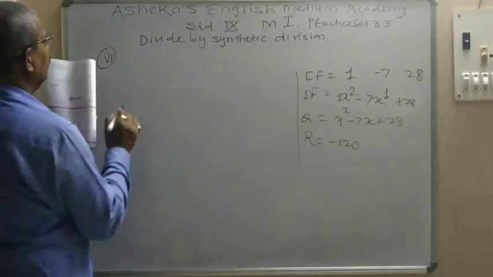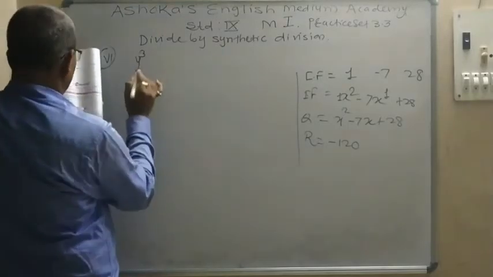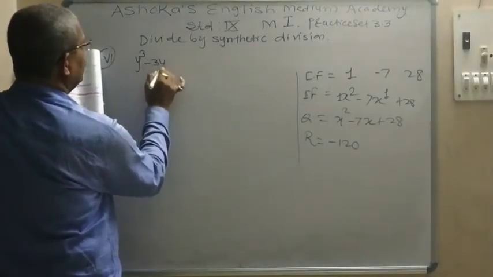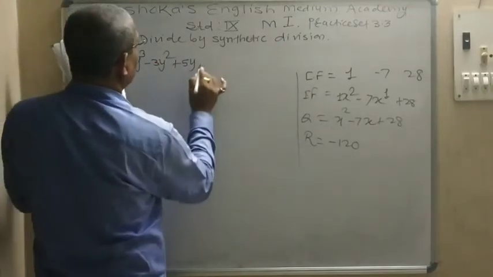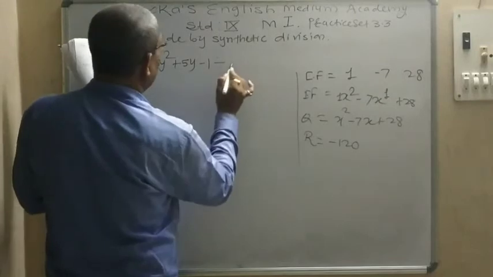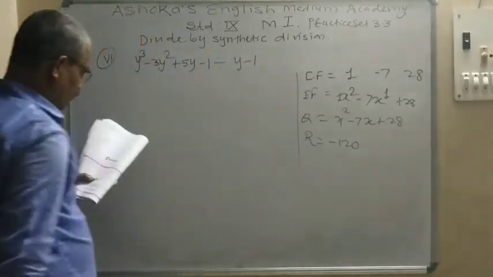What is the last question? y raised to 3 minus 3y square plus 5y minus 1 divided by y minus 1.